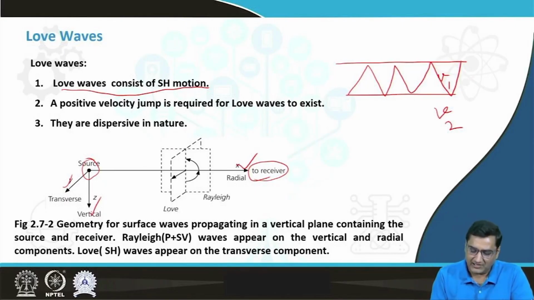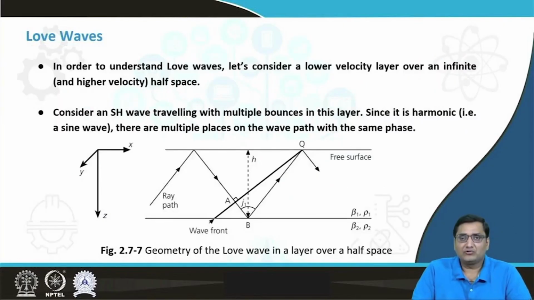So the XZ plane contains the particle motion for the P and SV waves, and perpendicular to the screen is the Y direction, also known as the transverse direction, which consists of SH wave motion. Now, in order to understand the Love wave, we have to consider a low velocity layer over an infinite half space. That means there is no end to the layer just beneath, which is of higher velocity material.